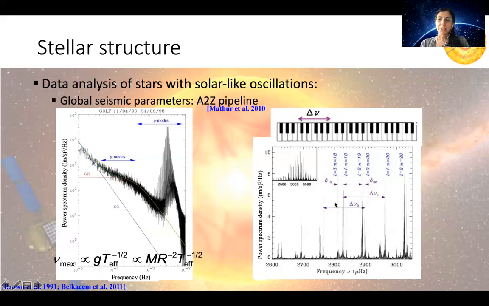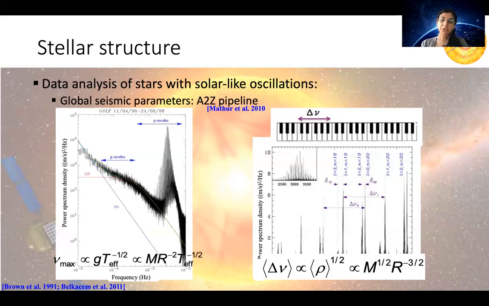And this allows us to define the quantity that we call the large frequency separation, delta nu, which is the difference between two modes of same degree and consecutive order, just like the octave of a piano. And this quantity is proportional to the square root of the mean density of the star.